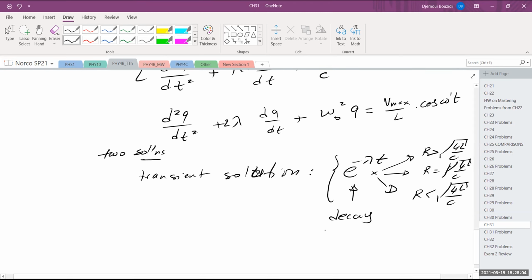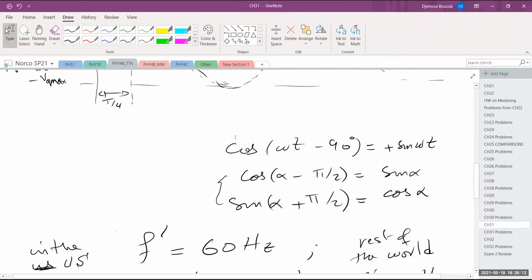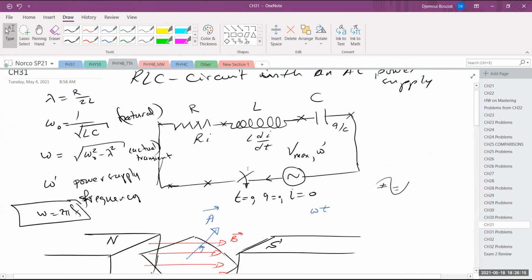So this solution depends only on the initial conditions, including the fact that you just turned on your circuit at t equal to 0, when you close the switch, this is S, okay? So S is closed at that point, at t equal to 0.